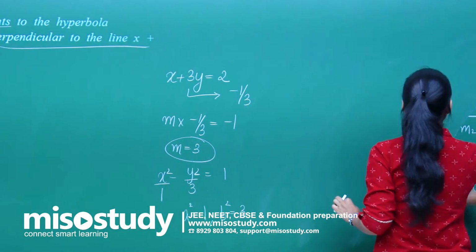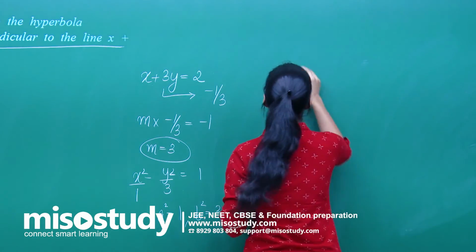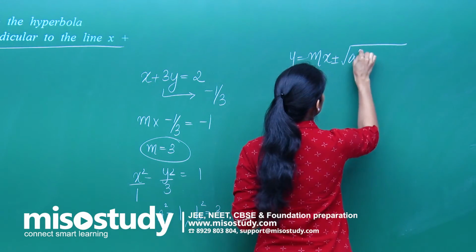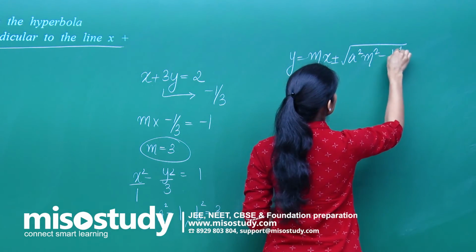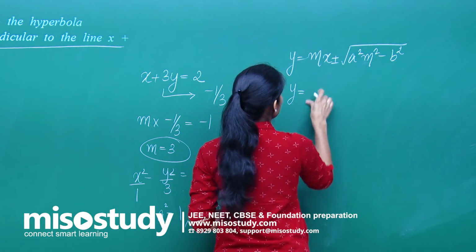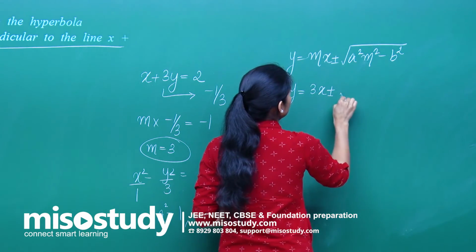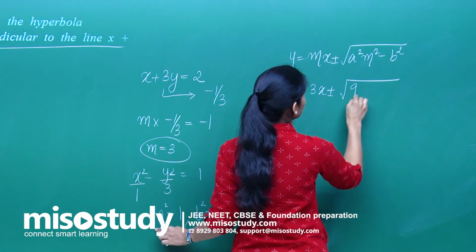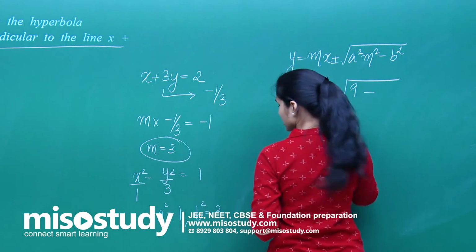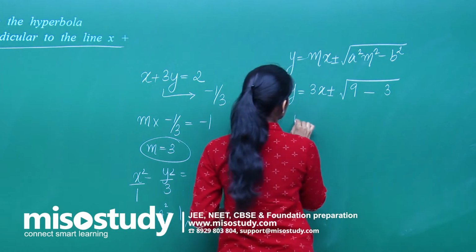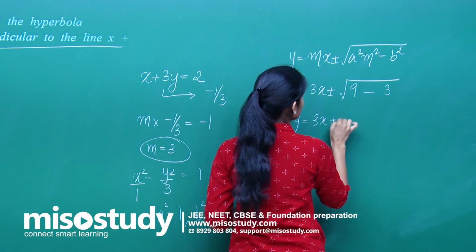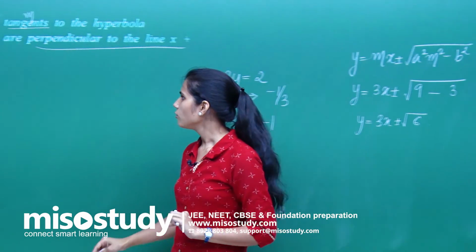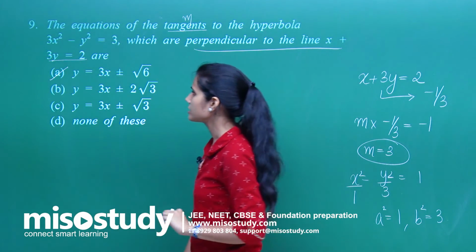The equation of tangents becomes y equals mx plus minus under root a square m square minus b square, which is y equals 3x plus minus under root 1 into 3 square minus 3. So y equals 3x plus minus root 6. This is the equation of my tangents.